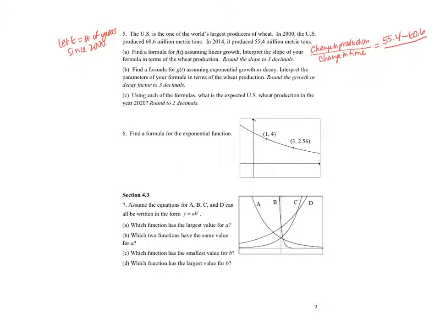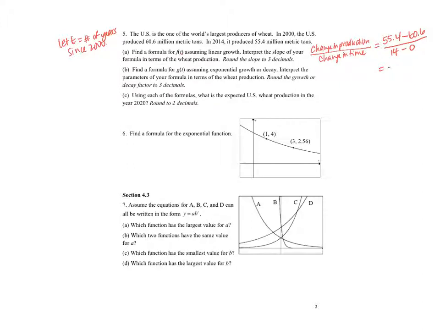And then we have 14 years past 2000 and 0 years past 2000. So we have 55.4 minus 60.6, and I want to divide that by 14.